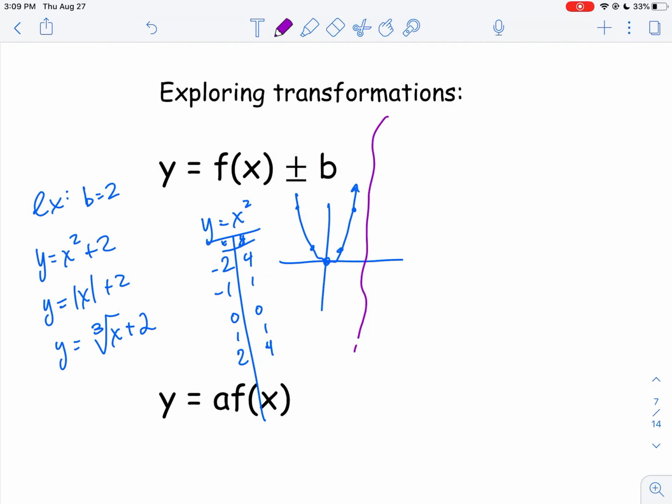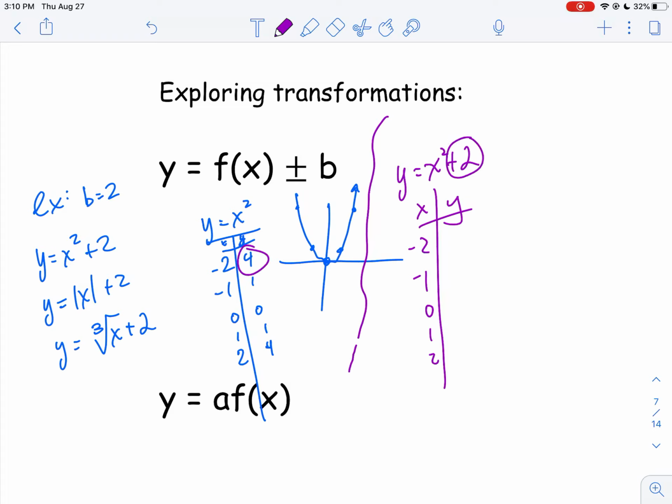But now, what if I think about y equals x squared plus 2? What's going to happen? Negative 2, negative 1, 0, 1, 2. Plug negative 2 in, I would get 4, but then I need to add 2 to it, so this becomes a 6. Same way here, negative 1 squared is 1 plus 2 gives me 3. 0 squared plus 2 is 2, 3, 6.